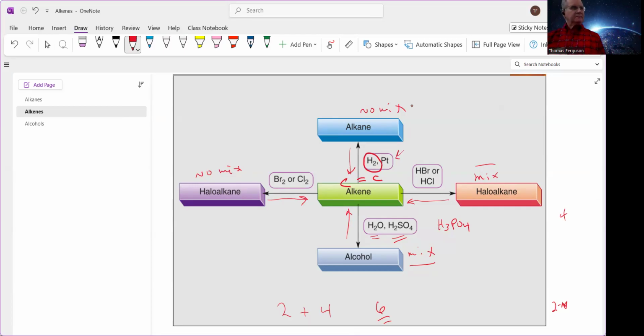No mix. That's important. No mix. When we add either, we're not going to use Br2, we're going to use Cl2 exclusively in this class. So if we add Cl2 across the double bond, it's going to add and become a chloroalkane with no mix.